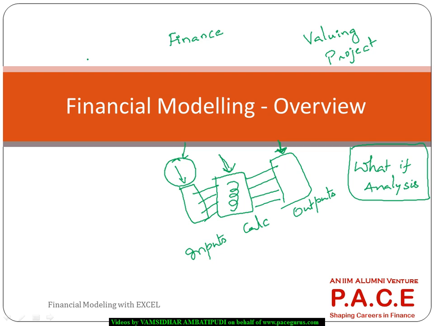It could be as simple as a loan calculation model, which will give me the EMIs that I need to pay based on the way I have taken the loan, the time period of it, the amount of loan, the prevailing interest rates, and various other inputs that go into it.